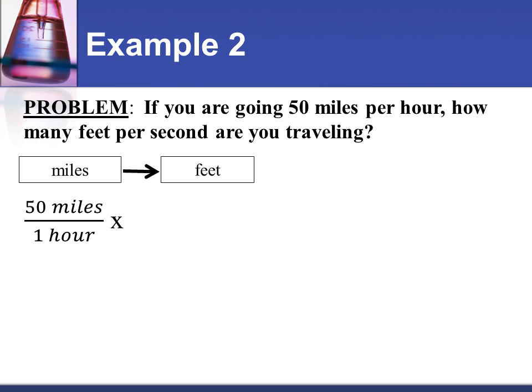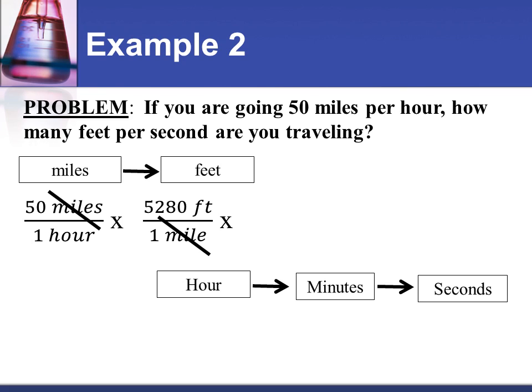Miles will be in my denominator so that it will cancel with miles in the numerator of the first factor. So 5,280 feet over 1 mile. 1 mile cancels with mile. That leaves me with the unit feet per hour. I have the feet part. Now I need to convert the hour part.